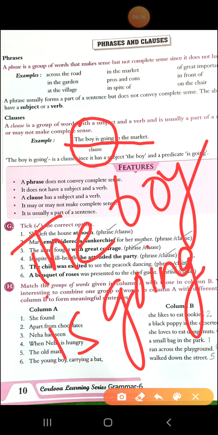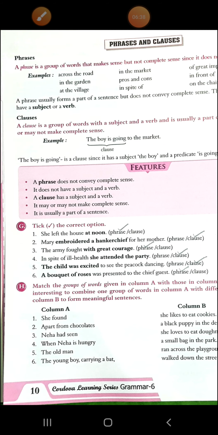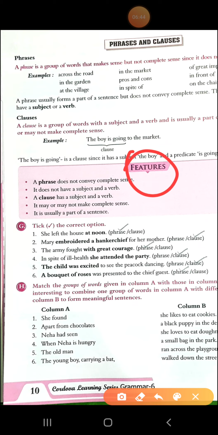Is is an auxiliary verb, and going is your action verb. So you can see this clause has both things. The boy is going is a clause since it has a subject, the boy, and a predicate, is going. I hope the difference between phrases and clauses is clear to you all. Let's read this features part again.